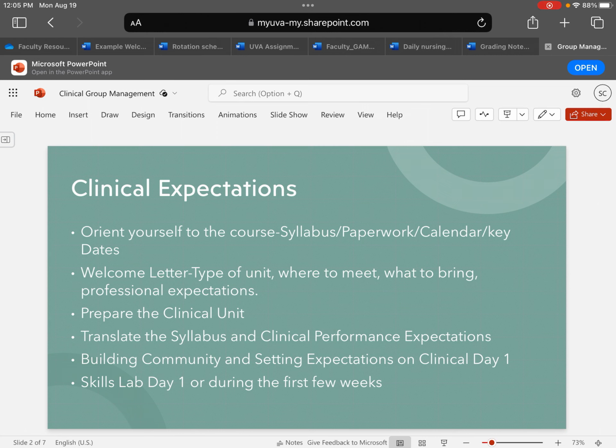Continuing to be able to translate the syllabus and clinical performance expectations to learners is really critical. What does it mean to be professional? Being clear about that with examples of, what does it mean to be on time? It means that you've taken care of all of your own personal AM care, you've eaten breakfast, you've arrived, you've stored your belongings, and you're ready to go at the time that your clinical starts.